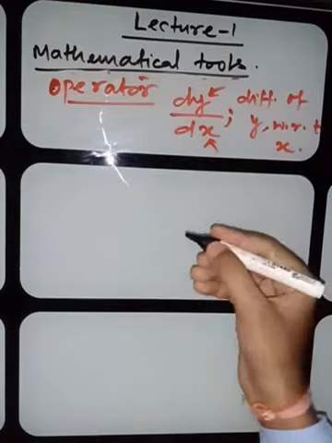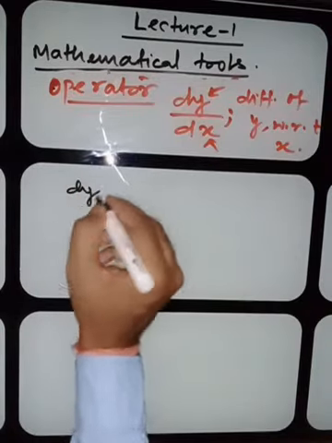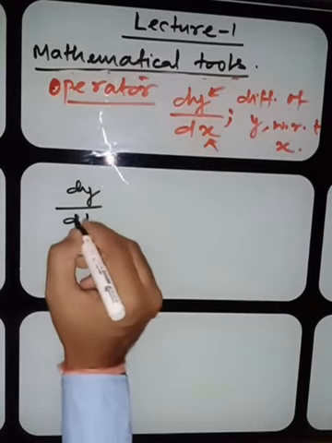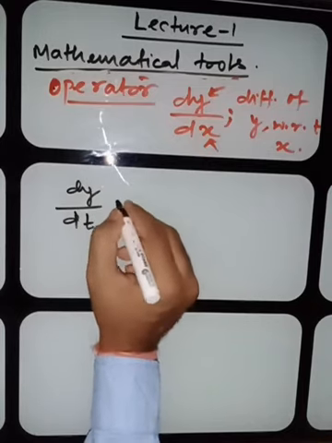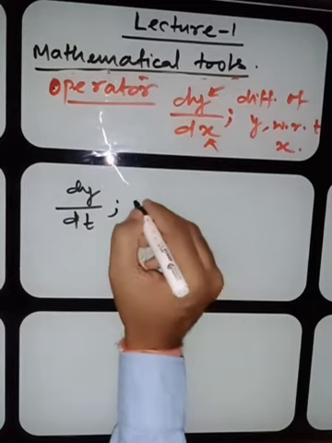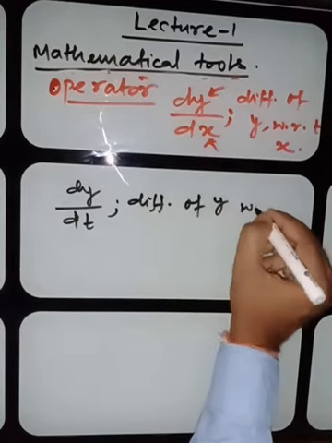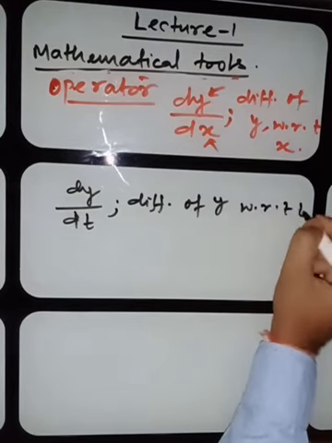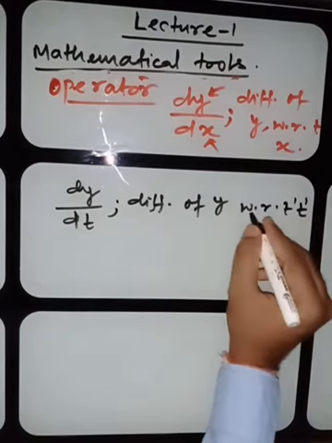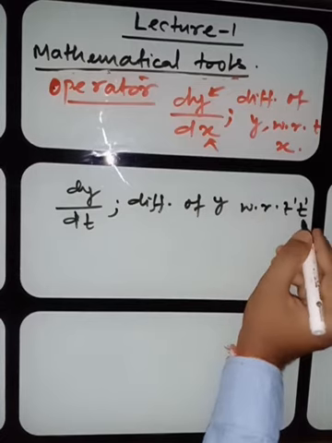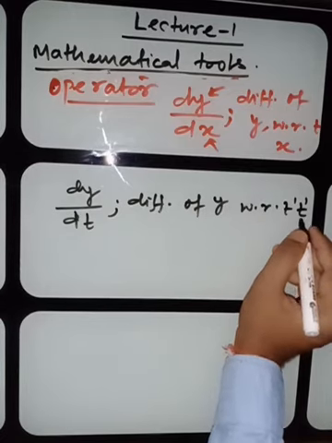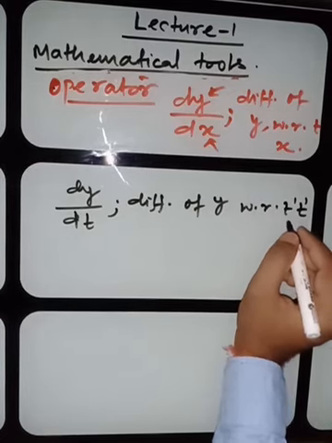Suppose it is written like this, dy over dt, then what will you pronounce, my dear students? You will pronounce differentiation of y with respect to t. Okay, w.r.t. means with respect to t. You will pronounce it in this way. Okay, why is it important?